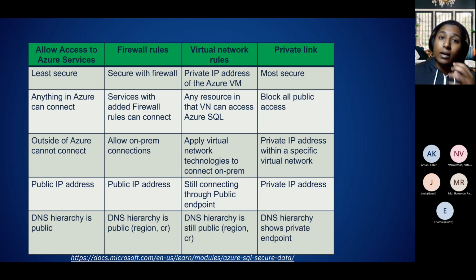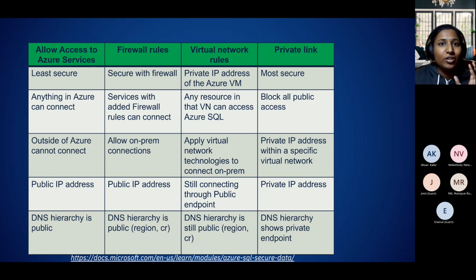And by using these network rules, you can easily connect, and it is a little bit more secure because it will use the private IP address of the Azure virtual machine. But when you look, it still provides certain information to the public, like the region and certain other things. When you check the DNS hierarchy, it's still not that secure.